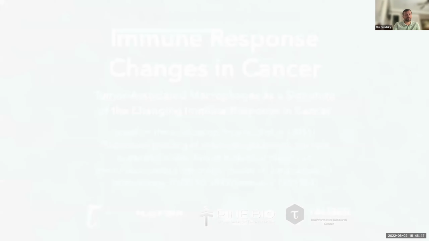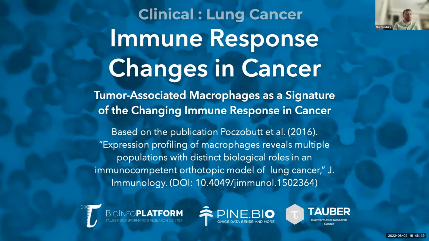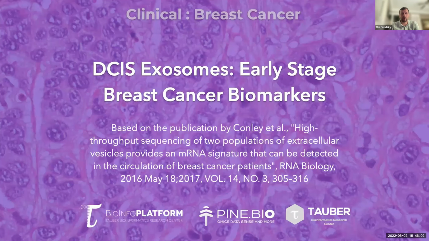We'll talk about macrophages, and how the complex immune responses could actually be both detrimental and supportive of tumor development. And we'll also talk about early stage cancer detection, like biomarkers in exosomes. So a number of different types of projects that we will look at.